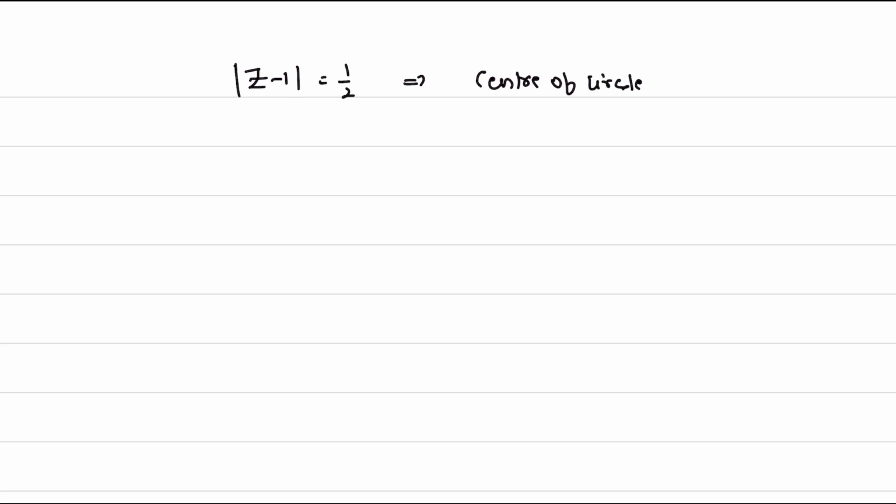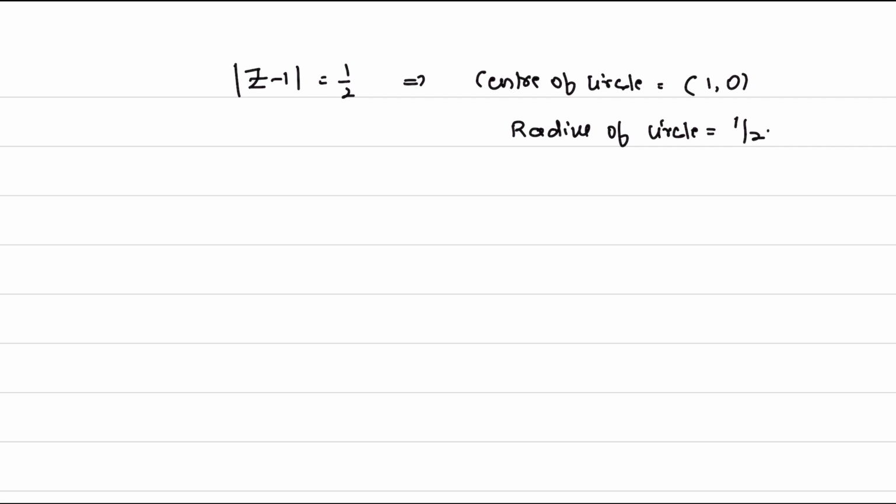Complex number is on a plane, it's not on a line like real number. Center of circle is equal to 1, 0. How to find the center of circle from the given equation? Please refer to my earlier lectures. And radius of circle is equal to half.